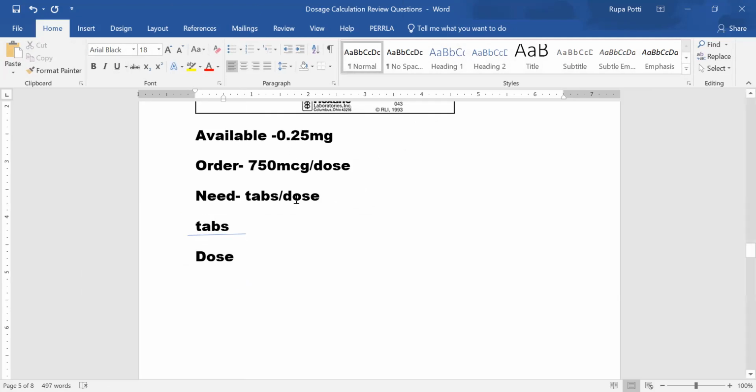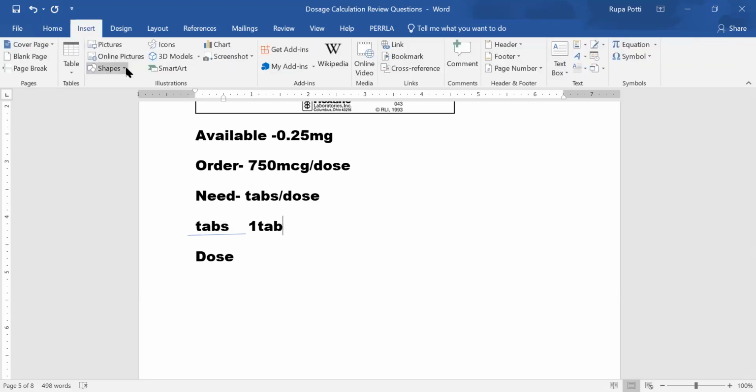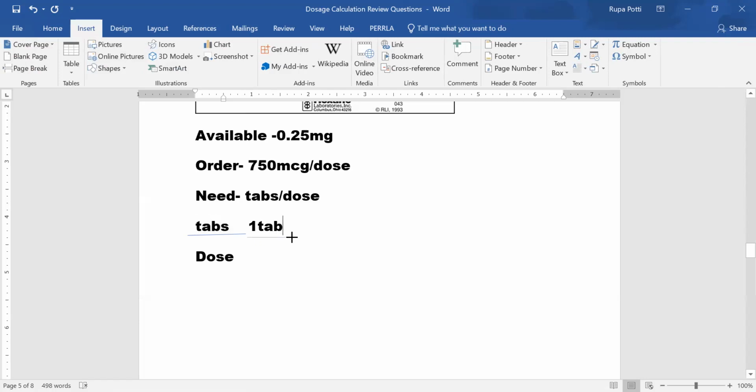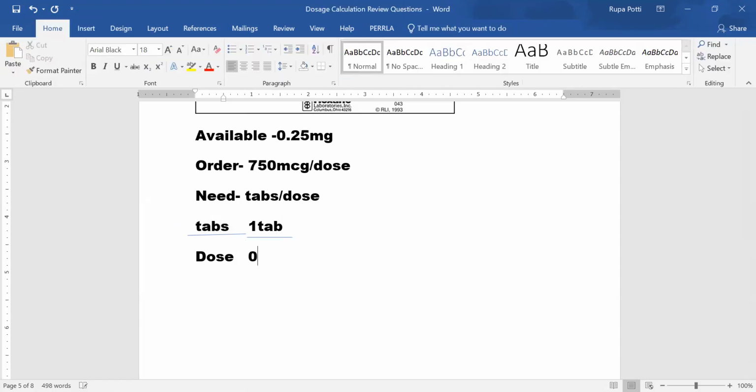In my problem, I know that one tab is equal to 0.25 milligrams, right? Now, because I have milligrams here, I want to have milligrams in the numerator also. But I don't have anything with milligrams, I have micrograms.